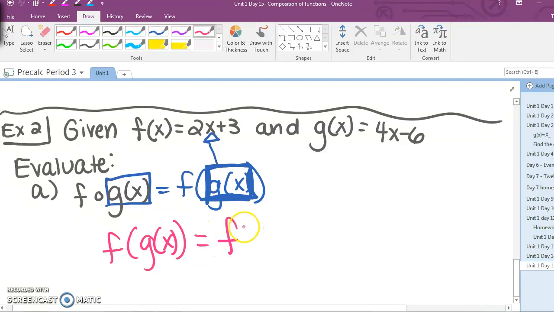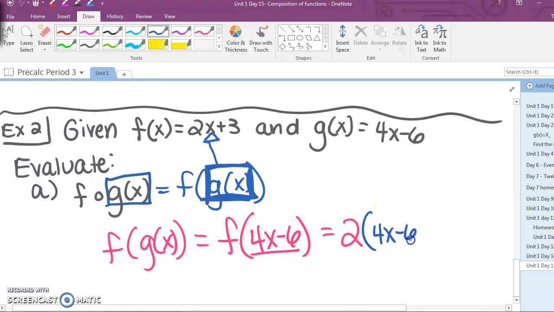So in this problem, f of g of x is going to be equal to f of 4x minus 6. So it's saying take 4x minus 6 and plug it in where x is in the function f. So that means I'm going to do 2 times 4x minus 6 and then plus 3.